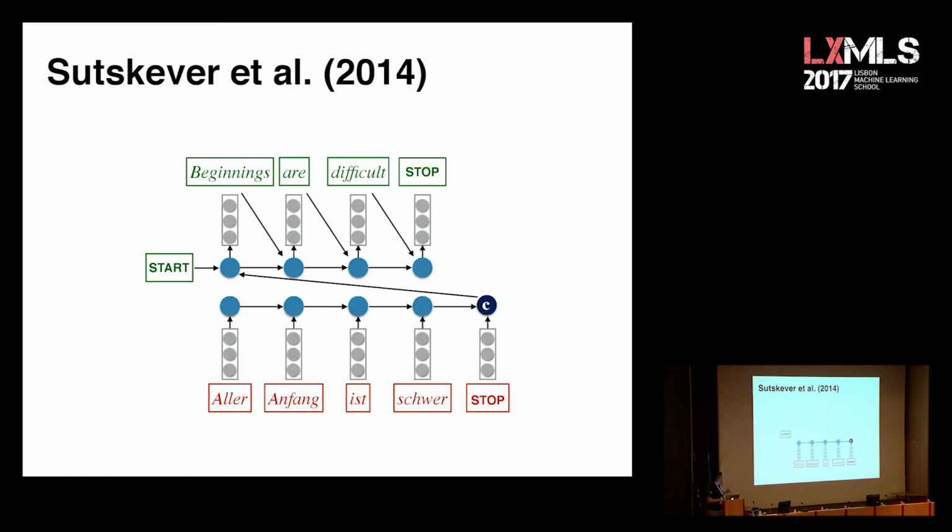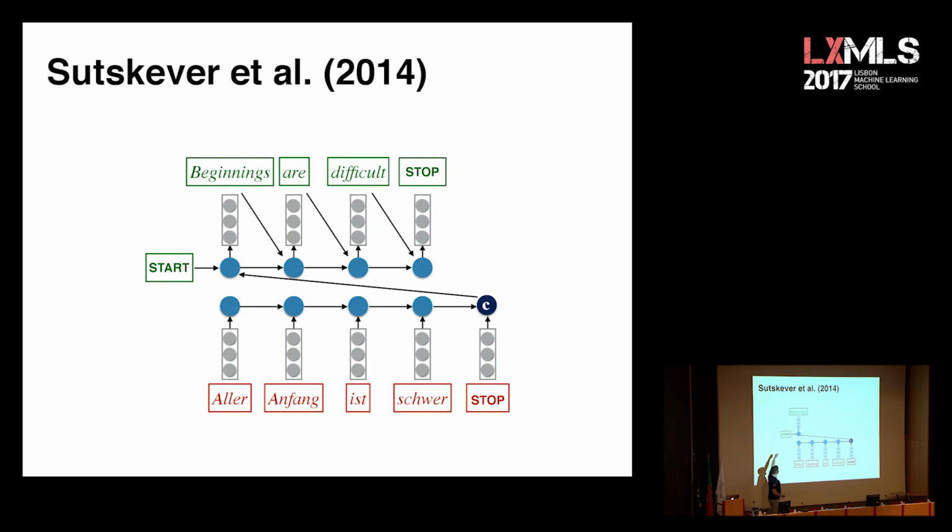So here's how this model works. We're going to read in this sentence in German with our LSTM. So these are LSTM cells. At the end, we're going to have this conceptual context vector, which is really this pair of the cell and the hidden state. And then we're going to feed this in as the start state of a new LSTM.